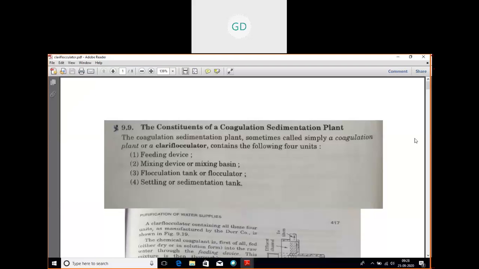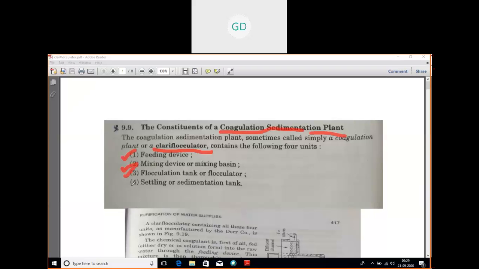Where you will be doing that is known as your coagulation sedimentation plant, or it is simply known as your clariflocculator. So for a coagulation sedimentation plant, there are four parts or constituents.